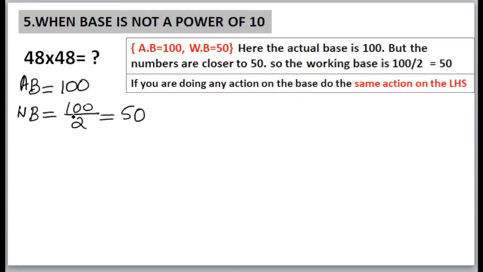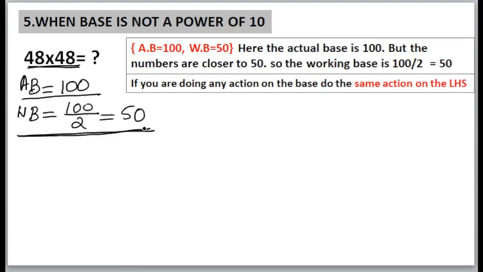We multiplied the original number with 10, then we divided the final answer by 10. Because we changed the original number, we have to reverse the action in the final result with the same number. But here we are changing the base, not the original number. We are taking the numbers as same, but we are changing the base to a working base. Here the actual base is 100, but our working base is 50.